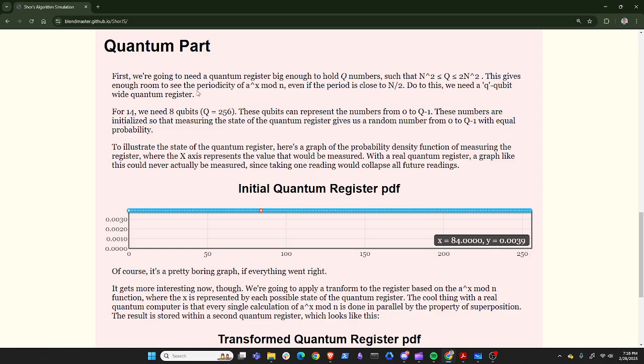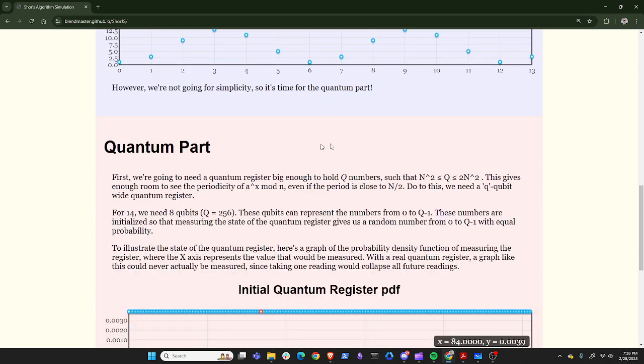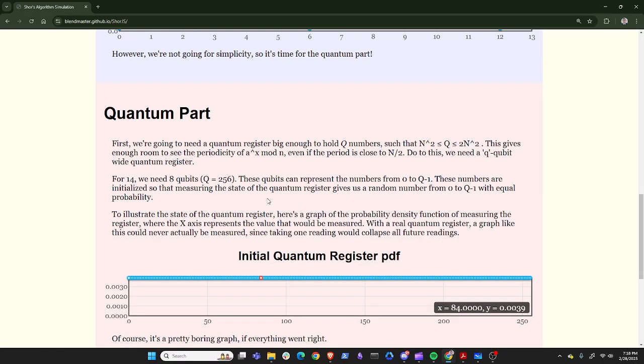So we need a quantum register big enough to hold q numbers such that n squared is less than q and q is less than or equal to 2n squared. This gives us enough room to see the periodicity of a raised to the power of x mod n, even if the period is close to n divided by 2.